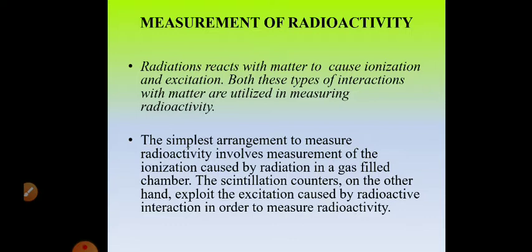So gas filled chambers like ionization chambers, proportional counters, and Geiger counters are used. Scintillation counters, on the other hand, exploit excitation caused by radioactive interaction. So scintillation counters are used for measuring excitation radiations, whereas gas filled chambers are used to measure ionization radiations.